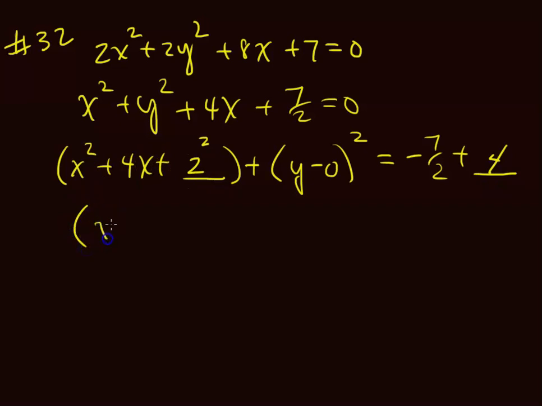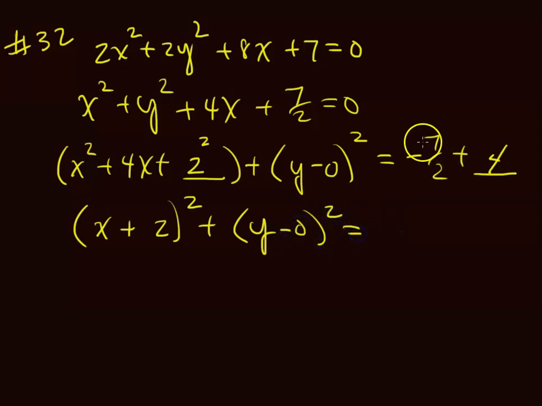So this becomes x plus 2 quantity squared, plus y minus 0 squared. Now 7 halves is really 3.5, right? And to get to 4, you need a positive 1/2. But we need the square root of that to get our r. And all they want for the directions is find the standard form.